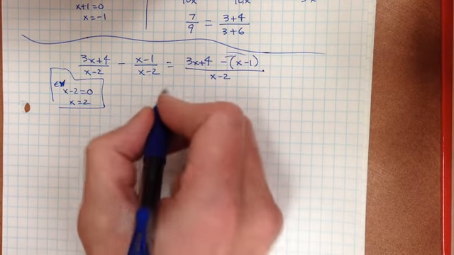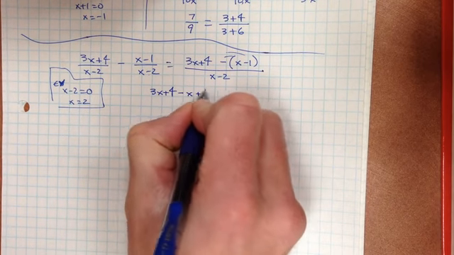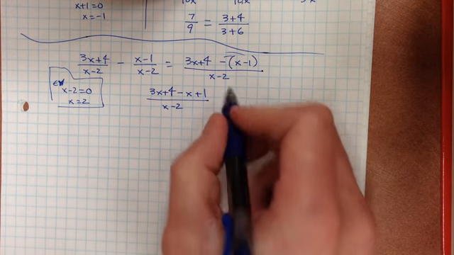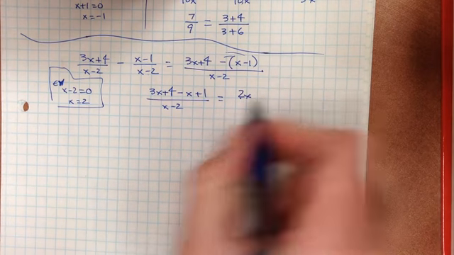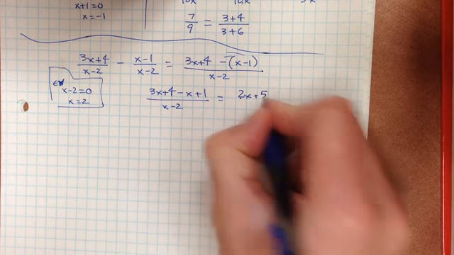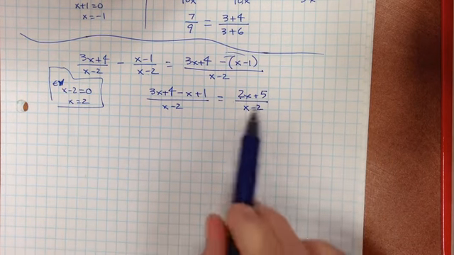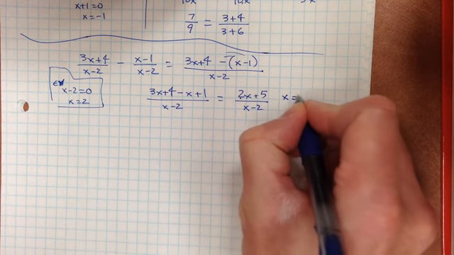So then we would end up with 3x plus 4 minus x plus 1 over x minus 2. Combine everything in this numerator: 2x plus 5 over x minus 2. Nothing there cancels, so you are done. Don't forget your excluded value. X cannot equal 2.